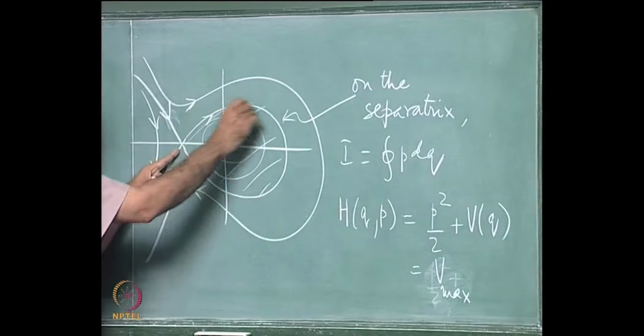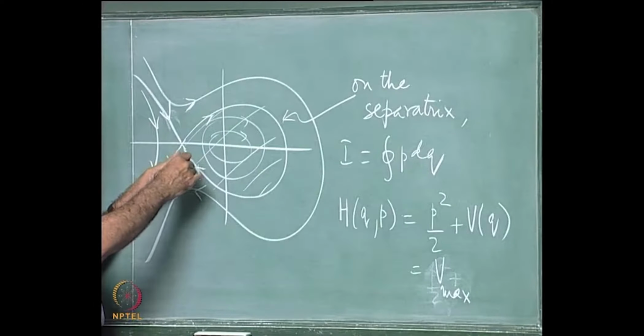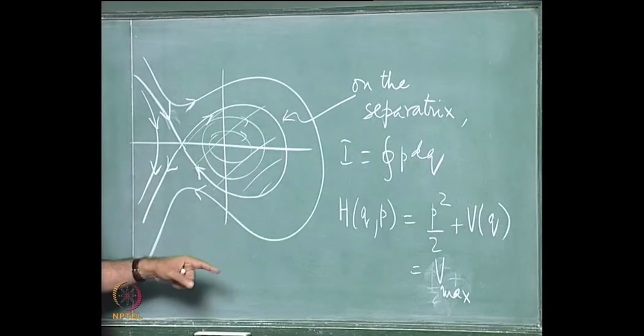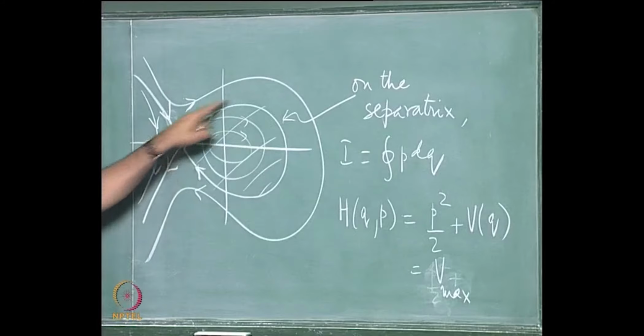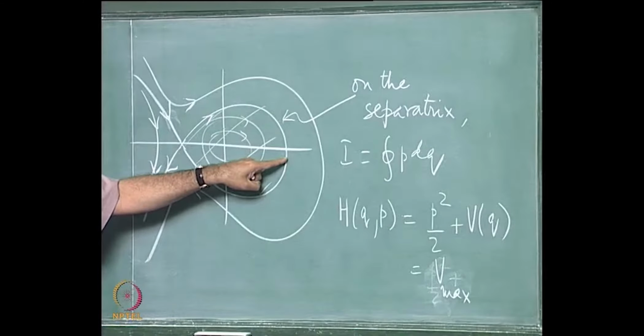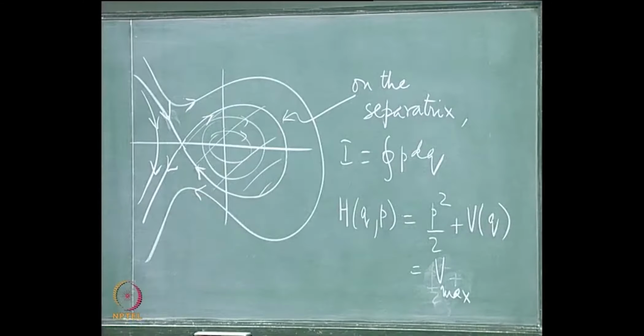Therefore you can find the equation to this loop, and all you have to do is to integrate and find the area of this loop, which is twice the area enclosed when going from here to here across this segment. So you simply have to compute integral p dq over that. So it is just a definite integral which you have to compute, and the answer is straightforward.